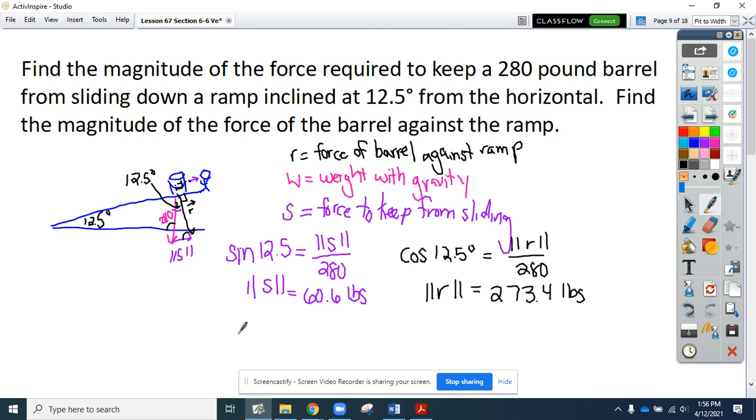Really interesting to see all of that working together. That barrel might be 280 pounds, but because of the incline, the ramp is only feeling 273 pounds, right? And then the fact that if you wanted to keep it from sliding, even though it's 280 pounds, because of that slight incline, really, it would only actually take 60.6 pounds of force to keep it from sliding. All right.